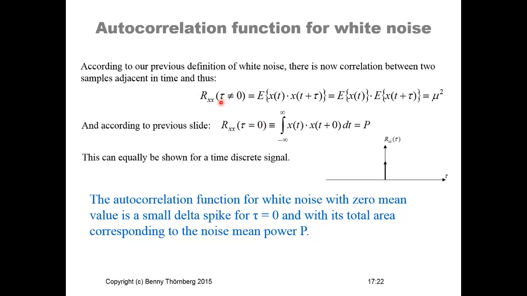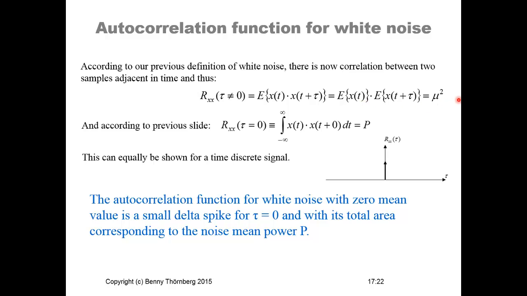When tau is separate from 0, then it will be the expected value of x of t times x of t plus tau. Since these two samples, according to the definition of white noise, are statistically independent, we can rewrite it as the expected value of x of t times the expected value of x of t plus tau. Both these expected values will be evaluated as mu.